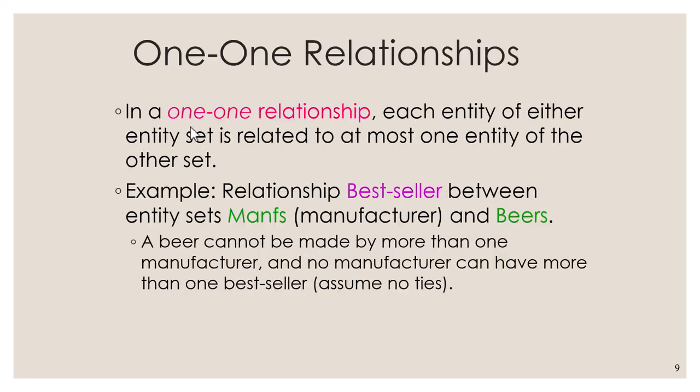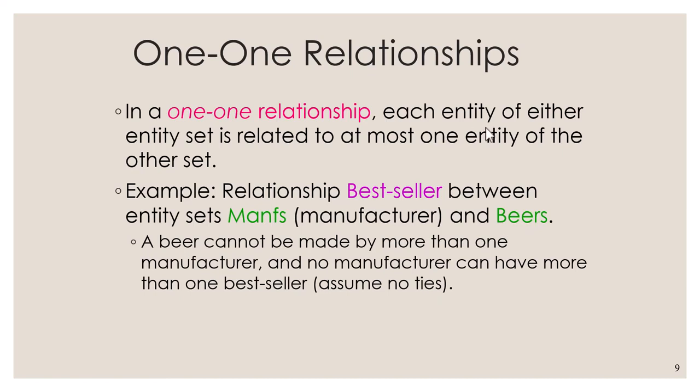Okay, next one is one-to-one relationship. Okay, so the relationship called bestseller between the manufacturer and the beers is an example of a one-to-one relationship. Okay, so a beer cannot be made by more than one manufacturer, right? There's exactly one manufacturer that makes a particular beer, right?